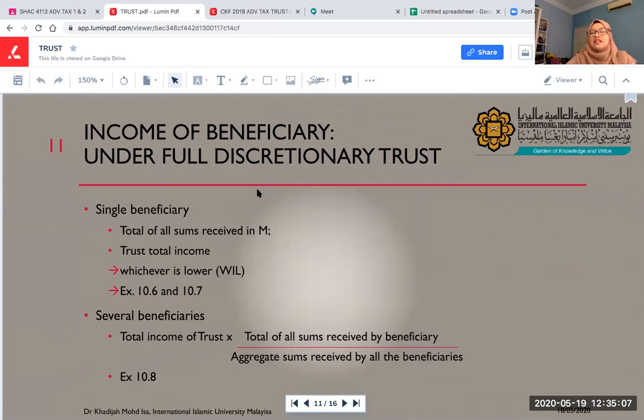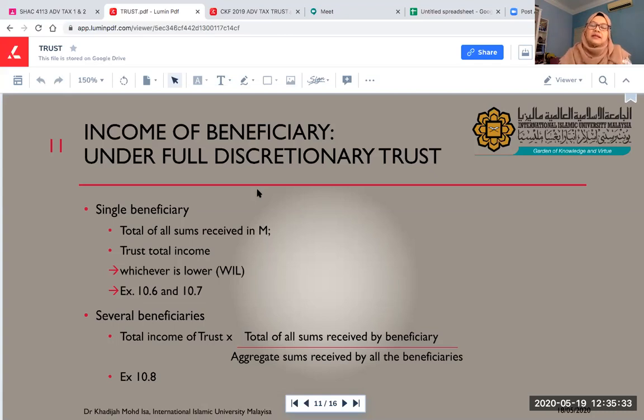When it is discretionary, it is up to the trustee to decide how much to distribute to the beneficiaries. So how to decide how much is the statutory income of the beneficiary? Remember earlier we had two: one is the total income, one is the distributable income.